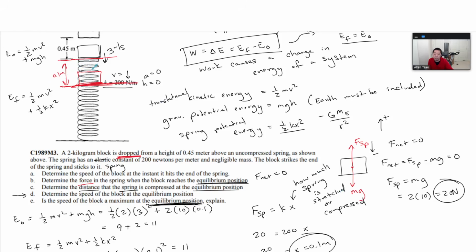Above the equilibrium position, the acceleration is down, and below the equilibrium position, the acceleration is up. So where the acceleration is 0 is the maximum velocity. I could explain that with calculus a little bit, but you just kind of trust me. If the acceleration is changing directions, if the net force is changing direction, then the speed is maximum right at the equilibrium.